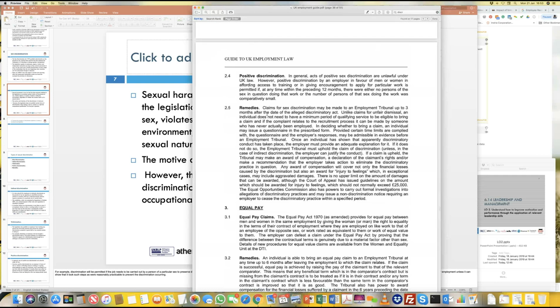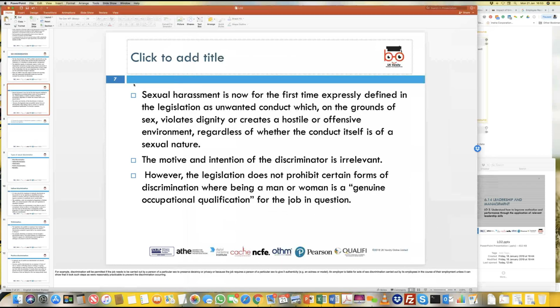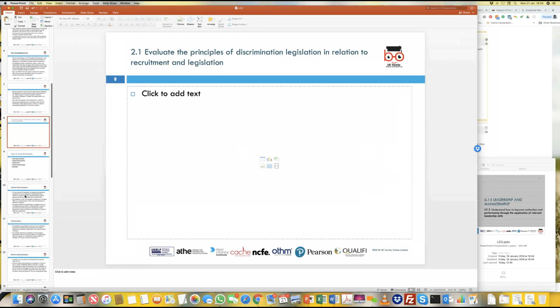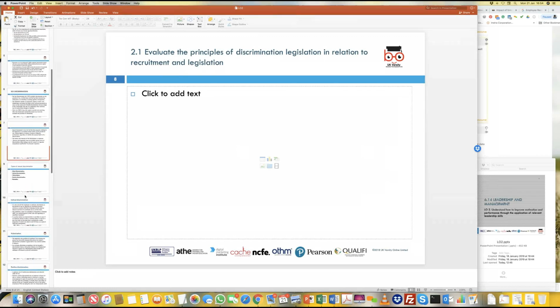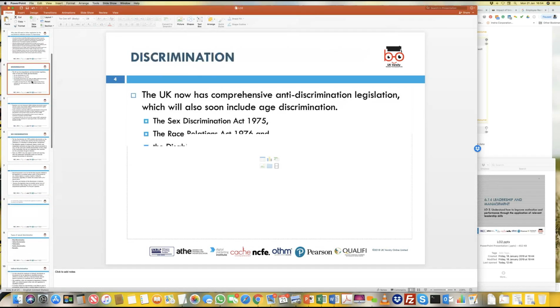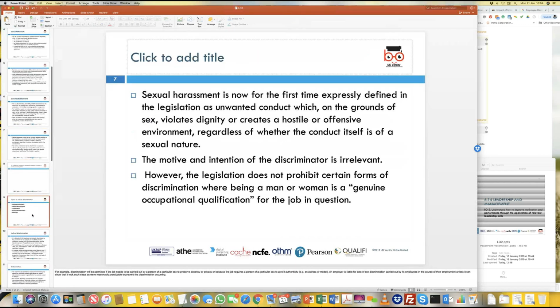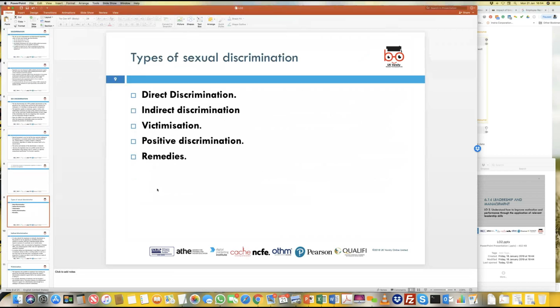What we want to do is study these pages which are directly related to your assessment task 2.1, because it says evaluate the principles of discrimination legislation in relation to recruitment. So in relation to recruitment, you have to talk about the types of discrimination which are here, then define them in a bit more detail and cover all these types to meet the criteria of task 2.1. Okay.